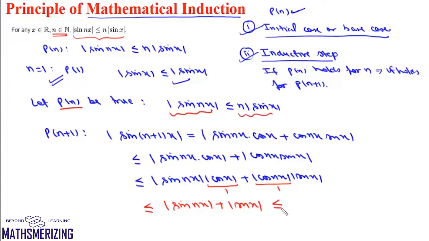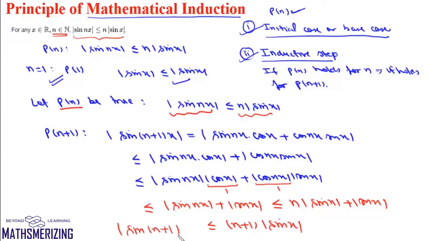So we can write this as less than or equal to n mod sine x plus mod sine x, which is n plus 1 mod sine x. So from here we can write mod sine n plus 1 x is less than or equal to n plus 1 mod sine x. So it simply means this Pn plus 1 is true.